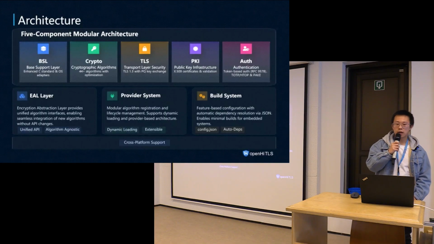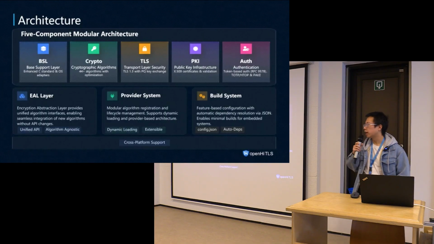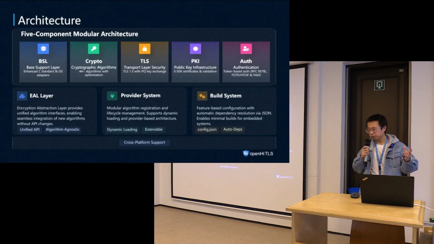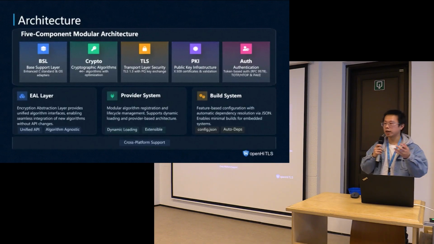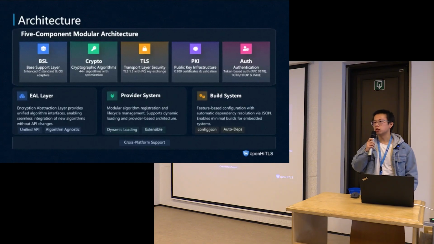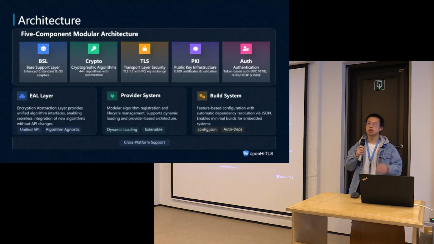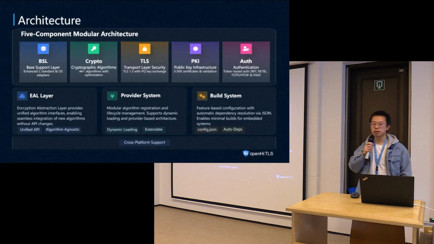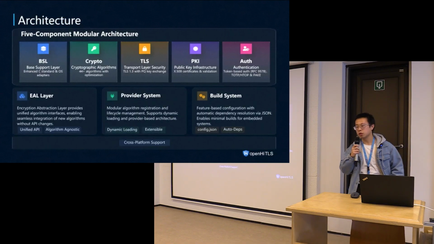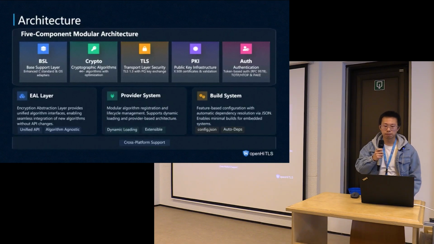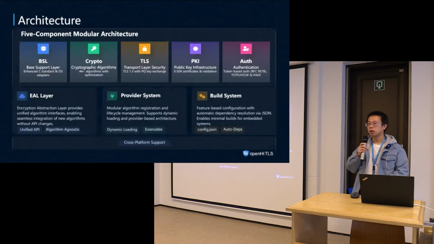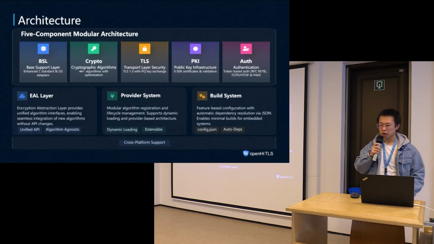For the encryption abstraction layer, OpenHiTLS provides a unified interface that allows users to use it without changing the code. The provider system gives an algorithm registration system and supports dynamic loading and provider-based architectures.